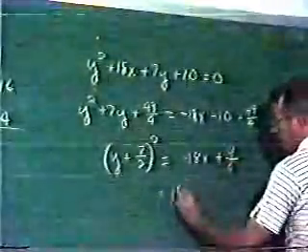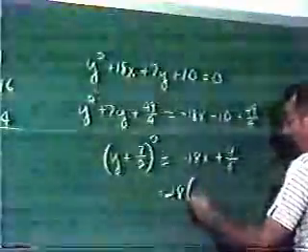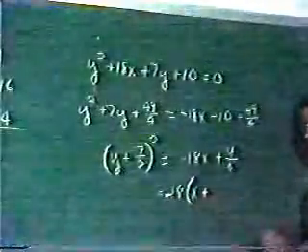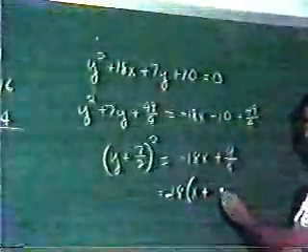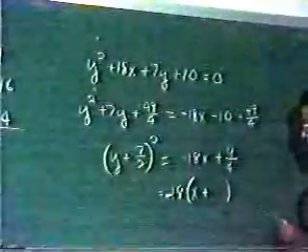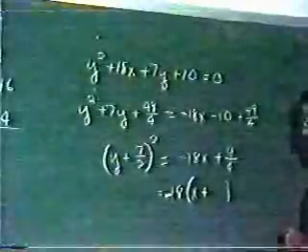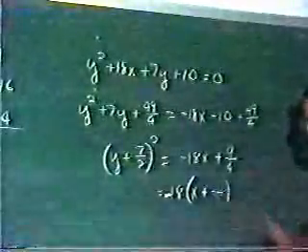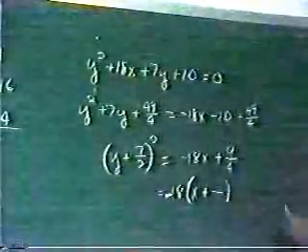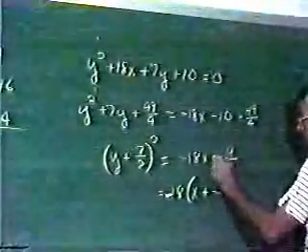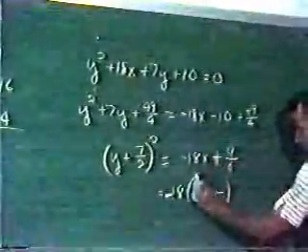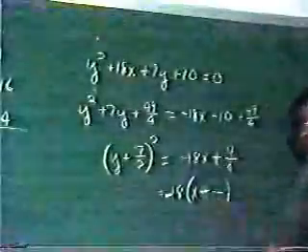Factoring 18 out, or minus 18 out of that, we would have x plus, okay, factoring 18 out would be what? Oh yeah, I'm factoring a minus here, so it makes this a minus. So this is a minus.